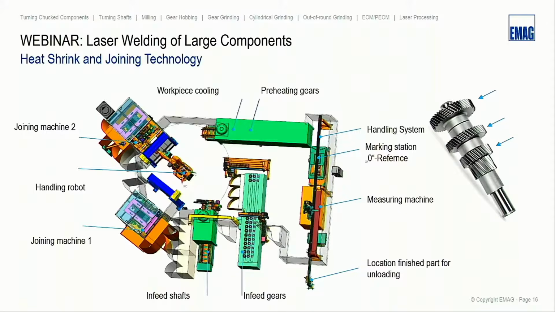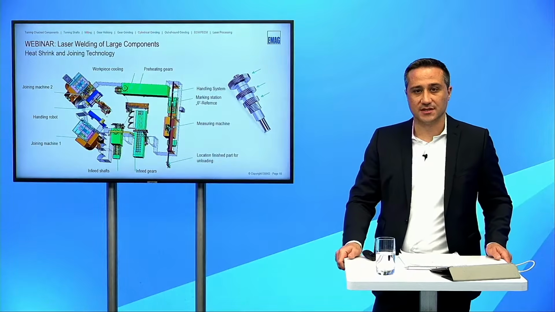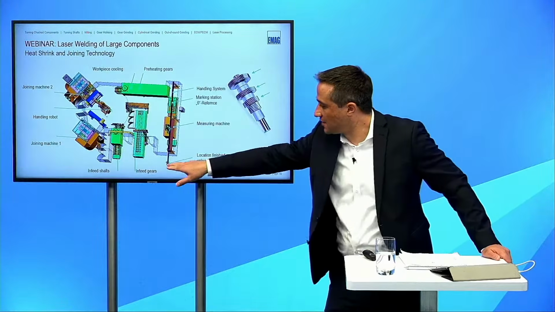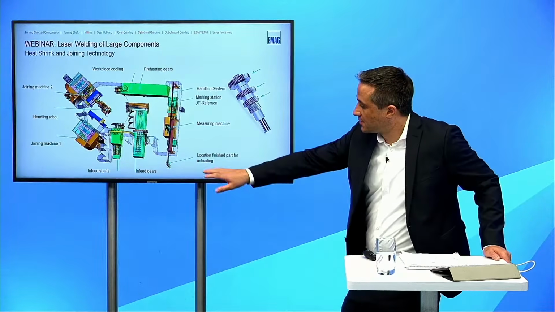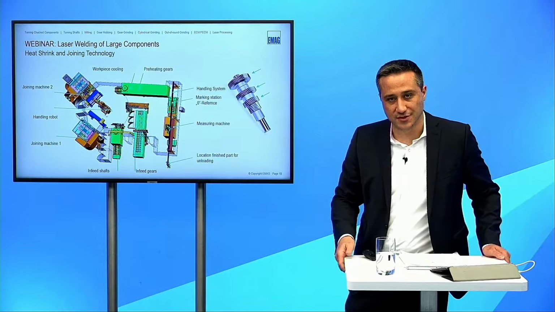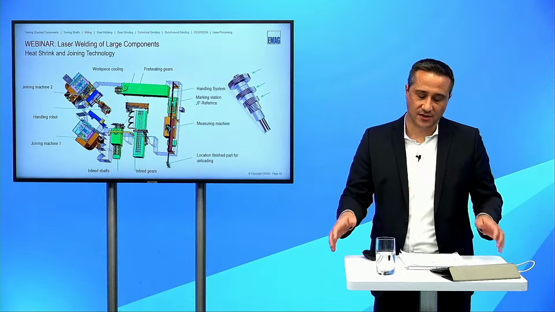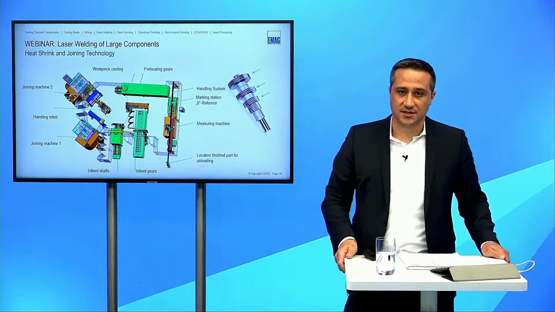This workpiece has several single components, and the request was to produce this part, which means to assemble this workpiece. First of all, our job was to infeed the single components, meaning the gears, as well as the shaft components. The single components of the gears are preheated during the infeed process, so we make sure that the expected temperature of the single components has already been achieved when the workpiece is in the line.